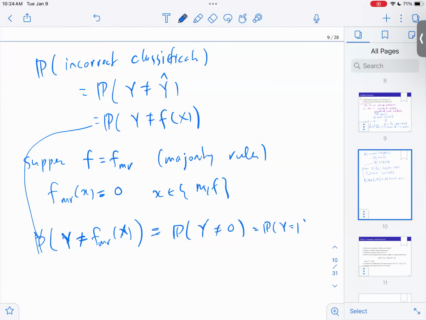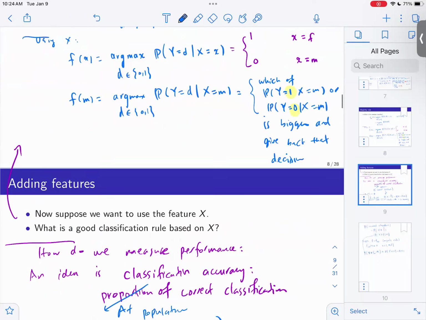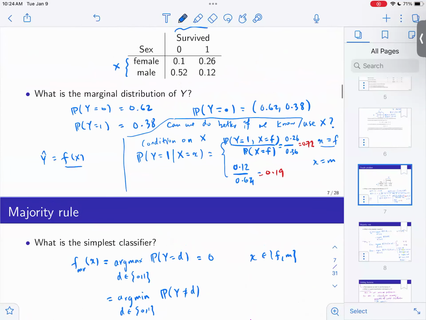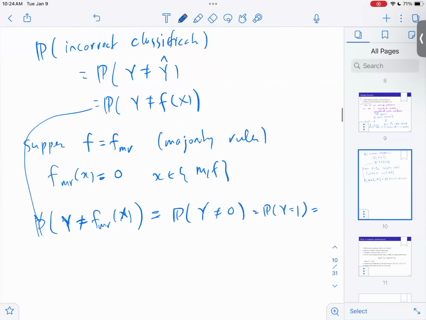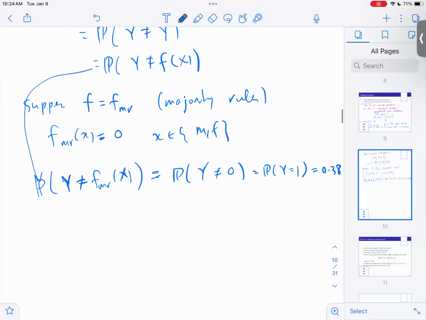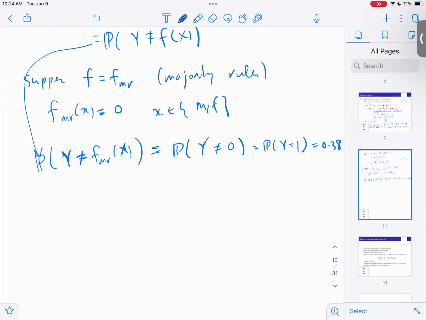It takes two values, and this is the probability of survival, which we have calculated somewhere, like 0.38. Because we are deciding 0, the ones that survive, we make a mistake. So it's intuitive: 38% of the time we make a mistake. So the probability is 0.38. That was easy.